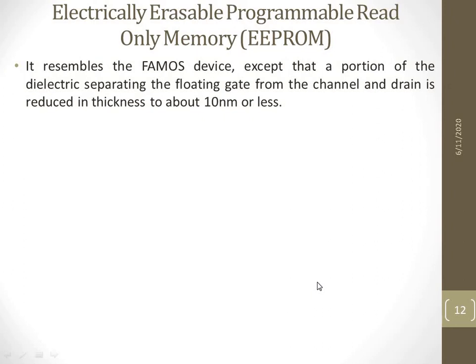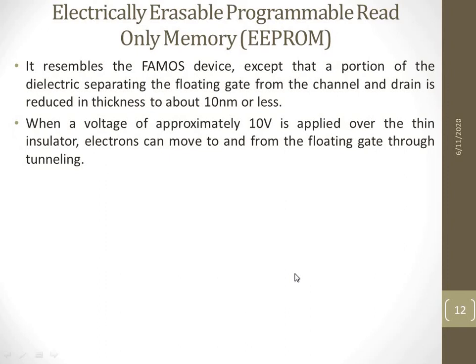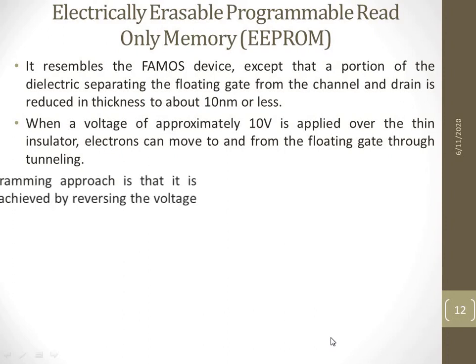It resembles the previous one, that is the FAMOS device, except that a portion of the dielectric separating the floating gate from the channel and drain is reduced in thickness to about 10 nanometer or less. When a voltage of approximately 10 volt is applied over the thin insulator, electrons can move to and fro from the floating gate through tunneling.